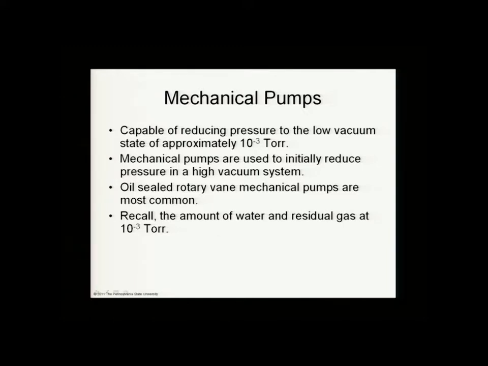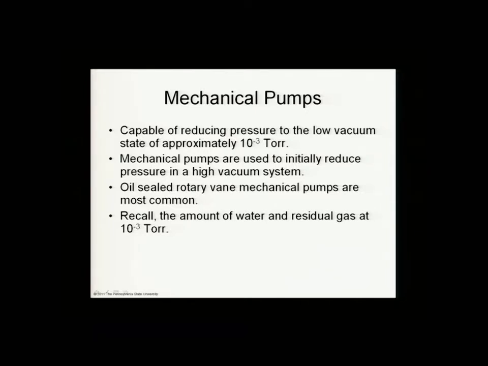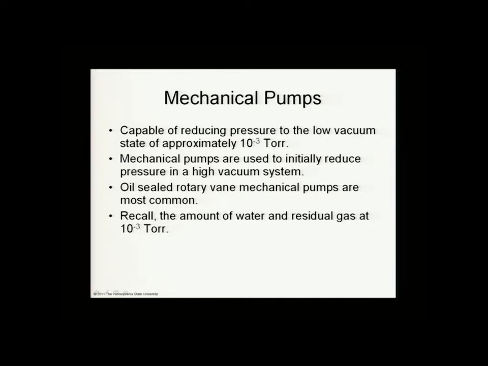Mechanical pumps are used to initially reduce pressure in a system where the pressure is high. In this case, this really shouldn't be high vacuum, it should be high pressure system, and by that I mean close to atmospheric pressure.